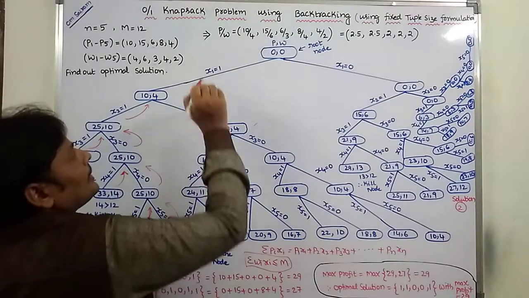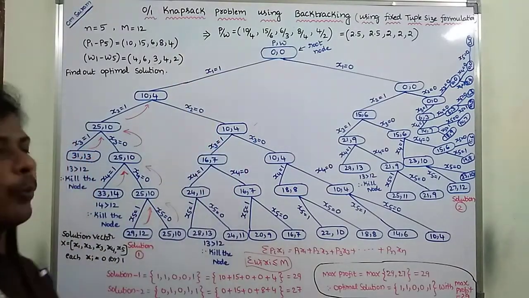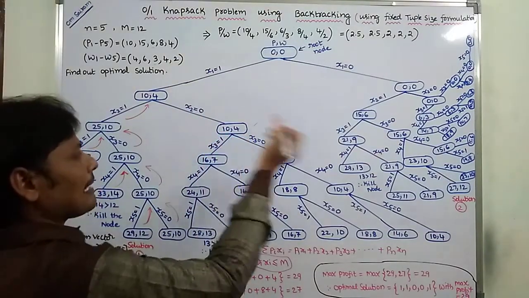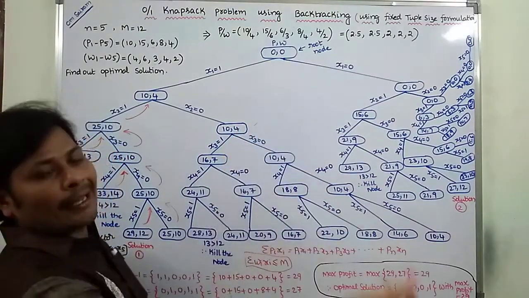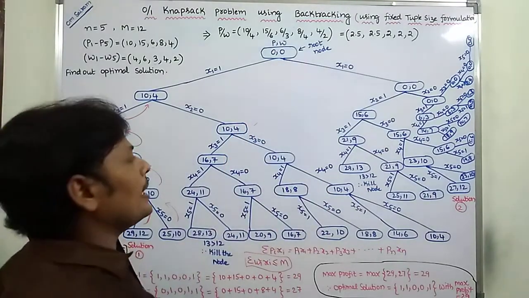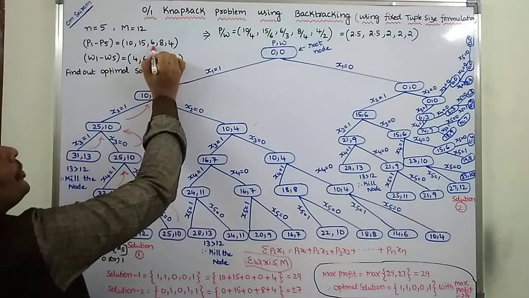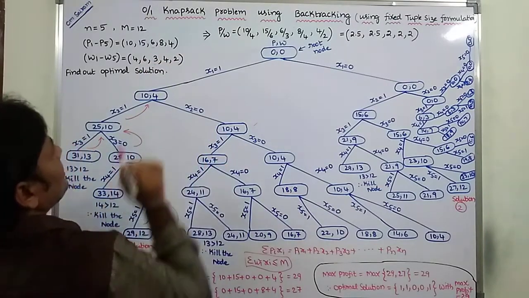Now go for the third object. So x suffix 3 is equal to 1 because the sum of the weights of the objects is less than or equal to the capacity of the knapsack. 4 is less than or equal to 12. Condition true. Now consider the third object. Third object profit is 6. So 10 plus 6, that is 16.